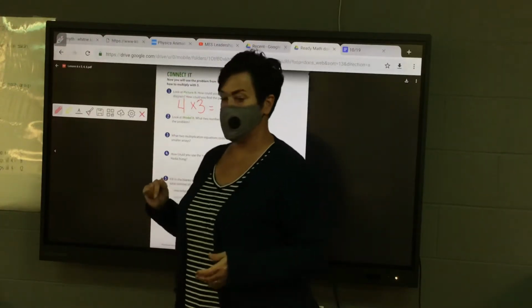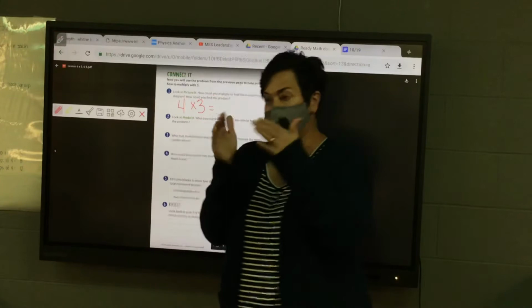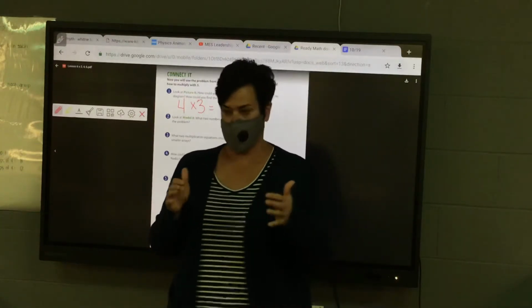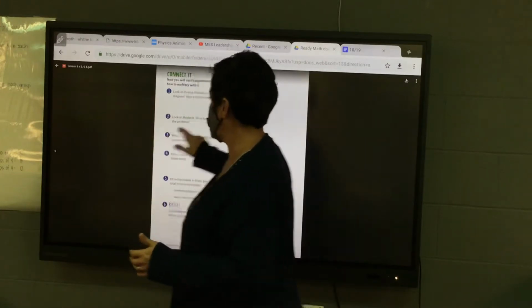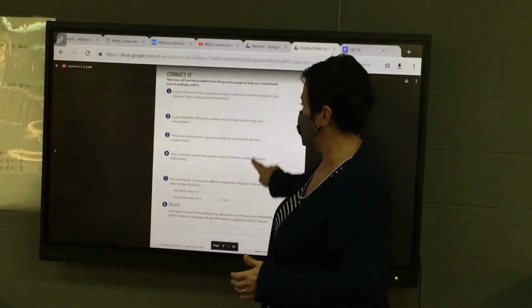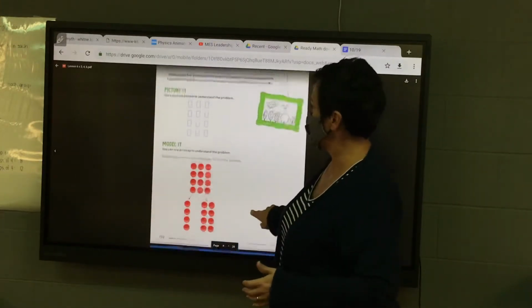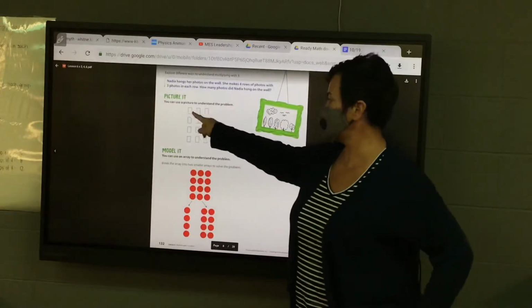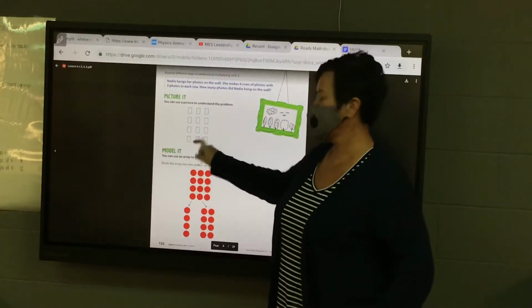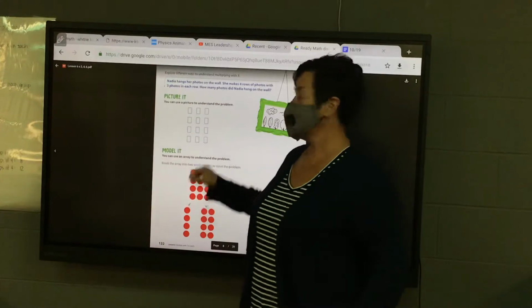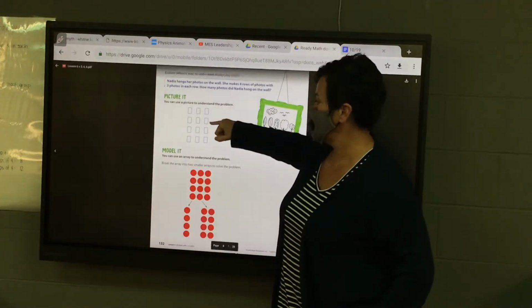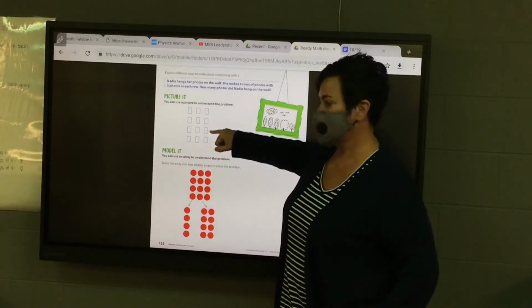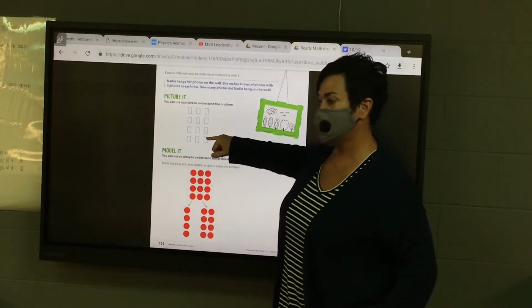Okay, so now look back at the picture. I have to erase that to be able to go back. So looking at this, what could we skip count by? 3s. So skip count with me. 3, 6, 9, 12.